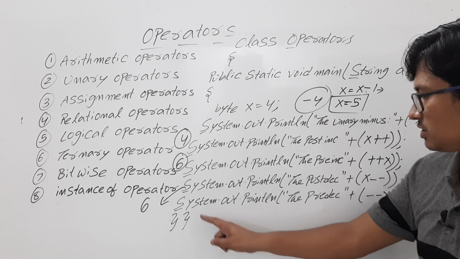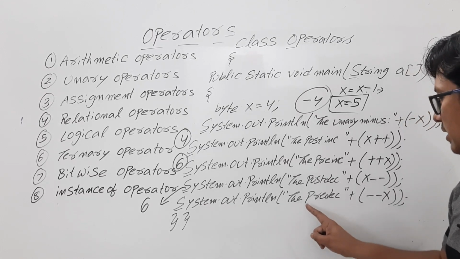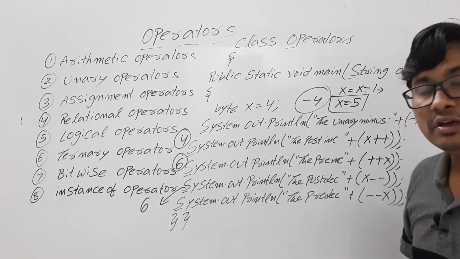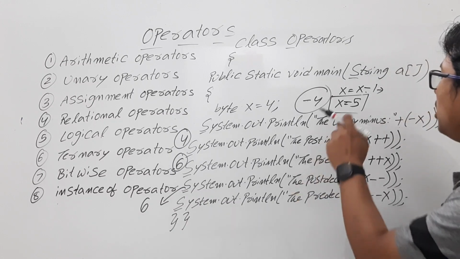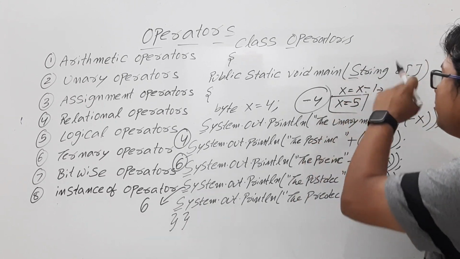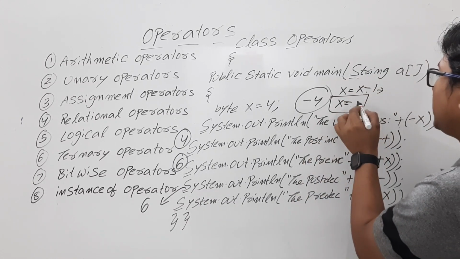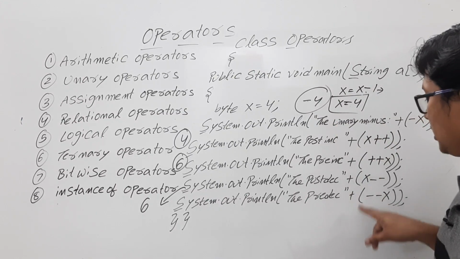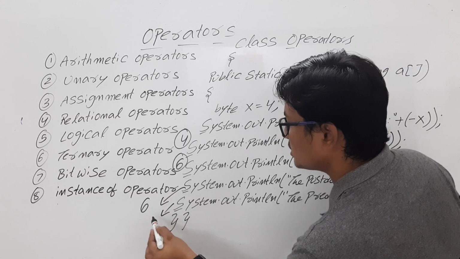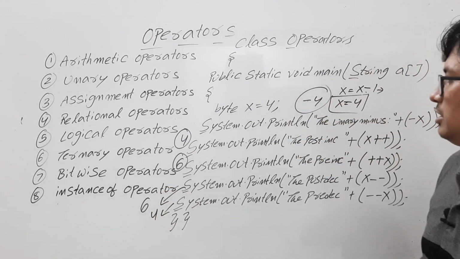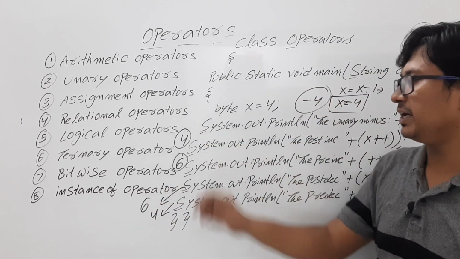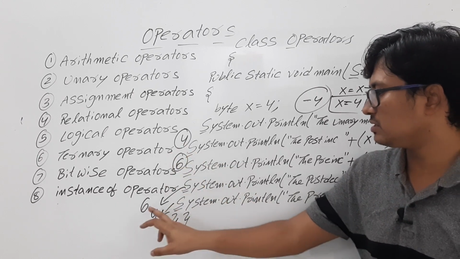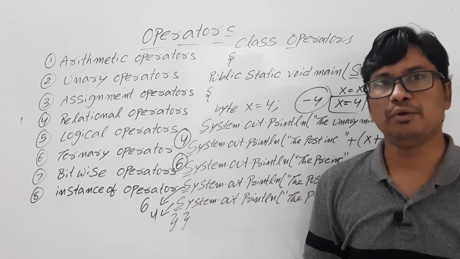Now look at the last statement, System.out.println, the pre-decrement is. First it will do the decrement, so already x value is 5, again 5 minus 1, it will be updated to 4. That will be assigned here. So for the pre-decrement, you will get the output as 4. So this program will give you the output as minus 4, 4, 6, 6, 4. I hope you have understood.